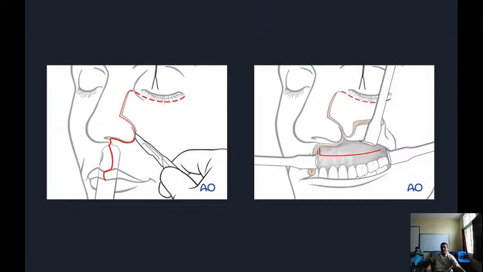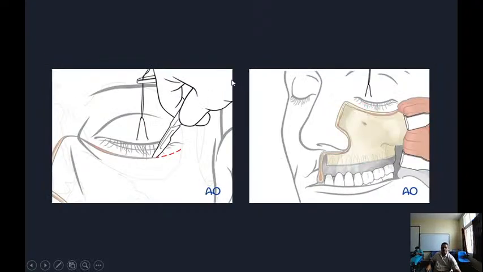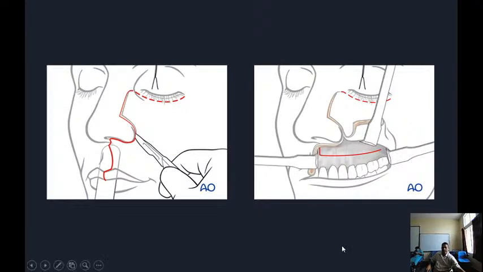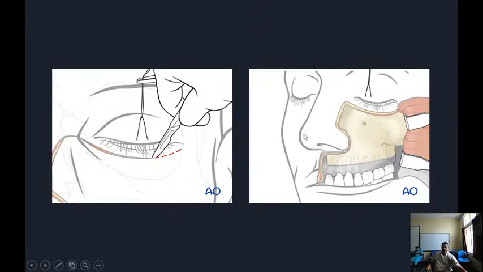Then you raise the flap, and if you want an extension up to the zygoma level, then you give an infraorbital extension. If there is further requirement, it can be extended further. Ultimately, the flap is elevated, and that is the incision in the inferior margin of the orbit, and that is the infraorbital foramen.